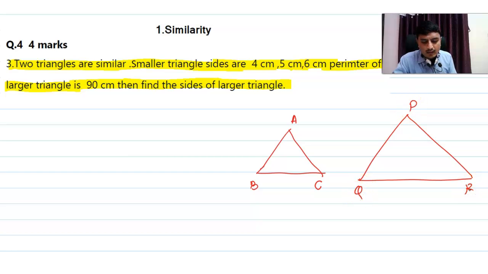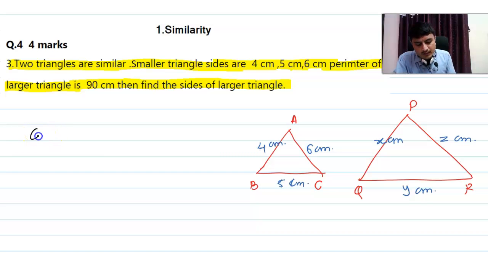Now we are given the length of AB is 4 cm, length of BC is 5 cm, and length of AC is 6 cm. Let us assume the length of PQ is X cm, length of QR is Y cm, and length of PR is Z cm.